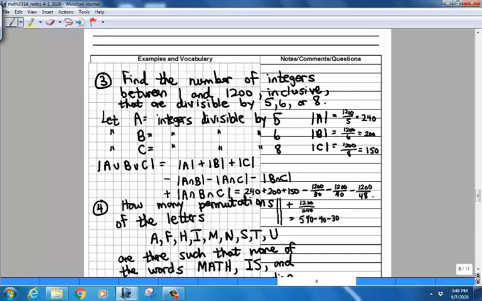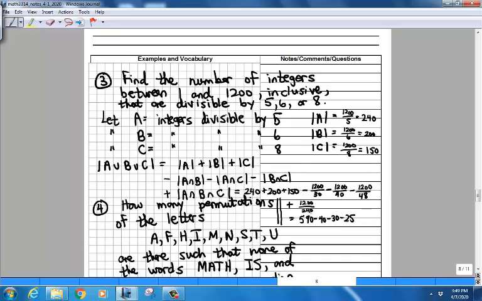How much is 1200 divided by 48? Is that 25 or something? Yeah, 25. All right, exactly. So we subtract off 25, right?